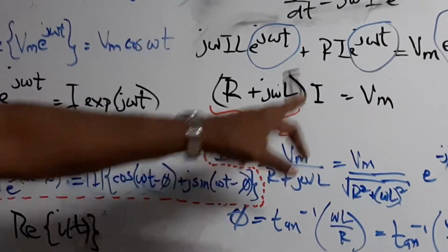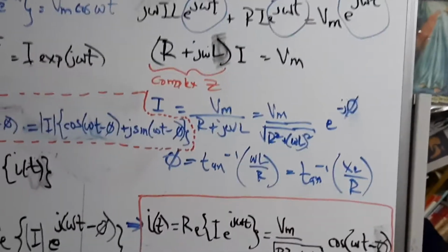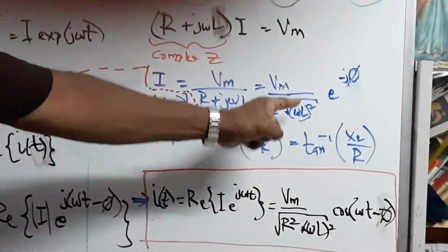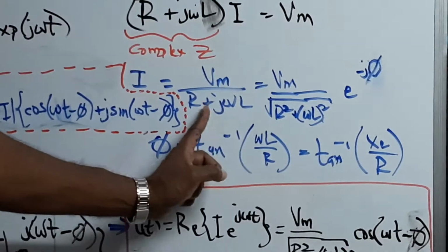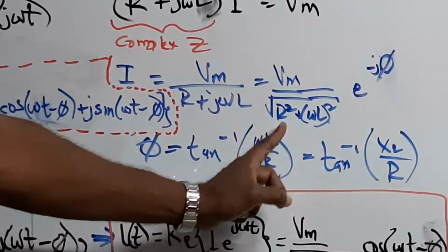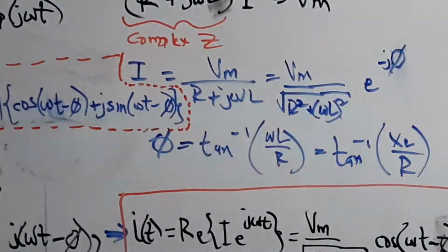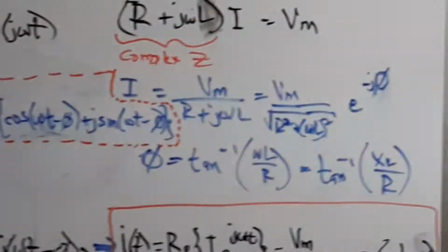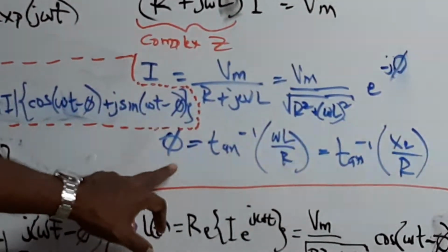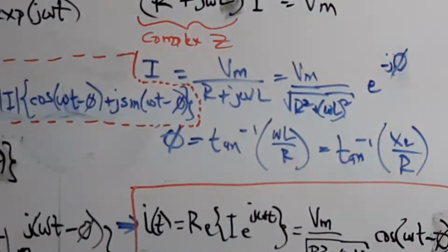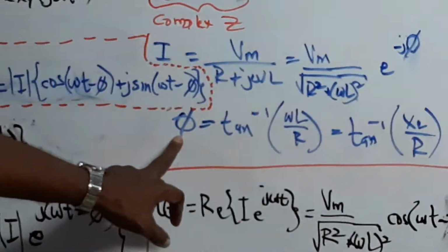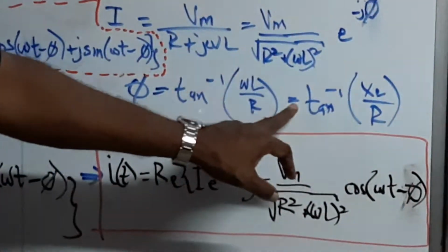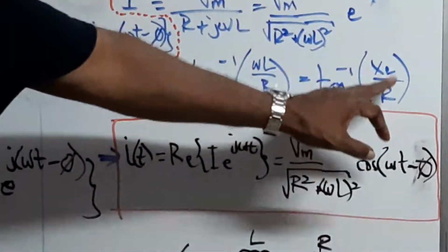So making I the subject of the formula, I is just Vm over R plus j omega L, and the modulus of R plus j omega L is the square root of R squared plus omega L all squared, multiplied by e to the minus j phi, where phi, from a right angle triangle in the last part 2, is the inverse tan of omega L over R, and also equal to inverse tan of XL over R.